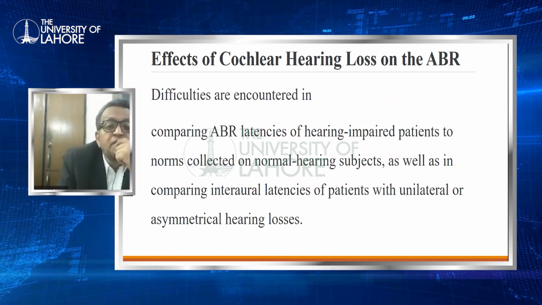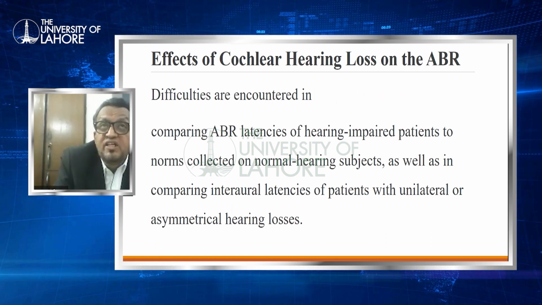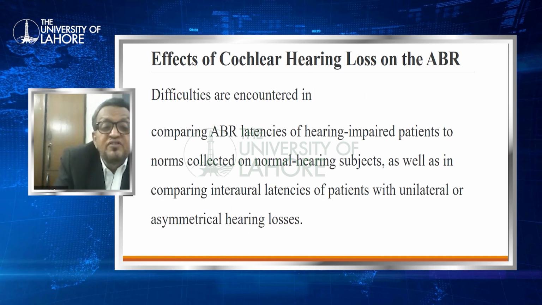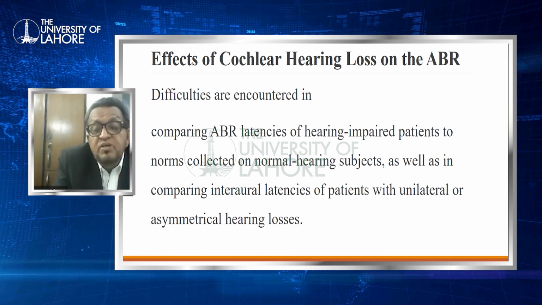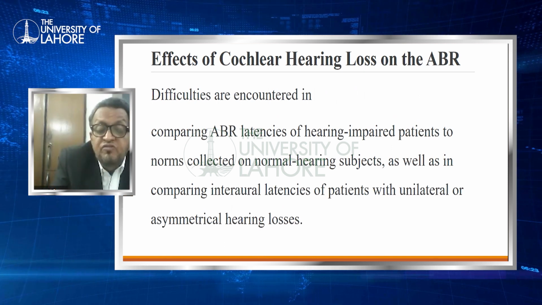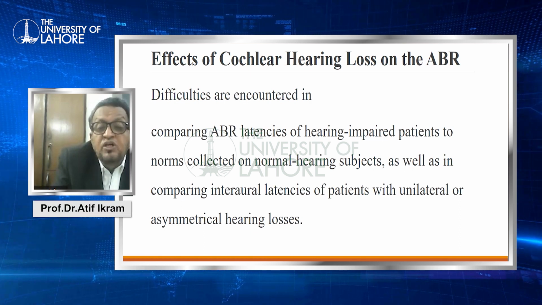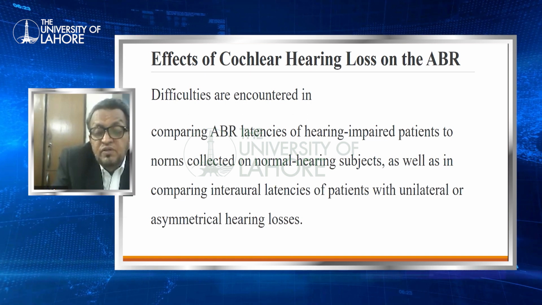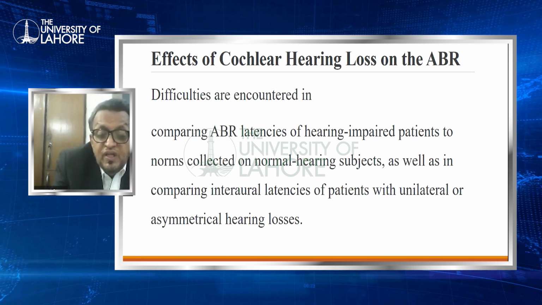Difficulties are encountered in comparing ABR latency of hearing impaired patients to norms collected on normal hearing subjects, as well as in comparing interaural latencies of patients with unilateral or asymmetrical hearing loss. If it's a unilateral or asymmetrical hearing loss, it will be a difficult ABR, because obviously the intra-wave and interwave latencies will differ.